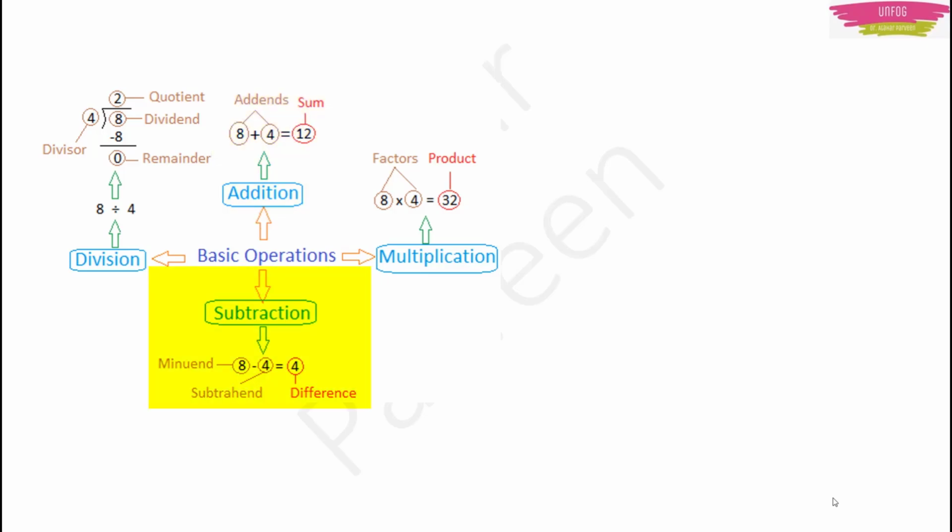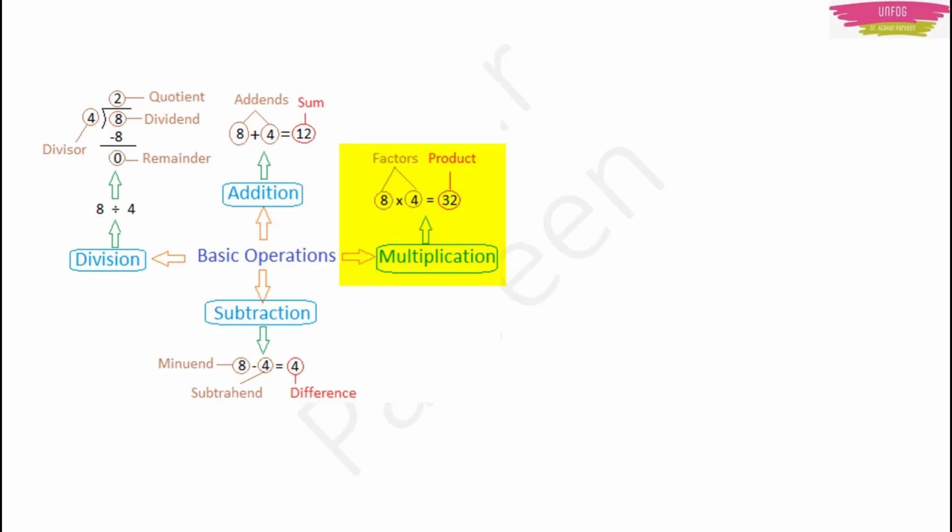And then in subtraction, the other name for subtraction is difference. Of the two numbers which you subtract from each other, the first number you call minuend and the second number you call subtrahend. And the answer will be your difference. Then in multiplication, if you are multiplying for example 8 and 4, your answer will be 32. That answer is known as product. And those two numbers which you are multiplying are factors of this 32.